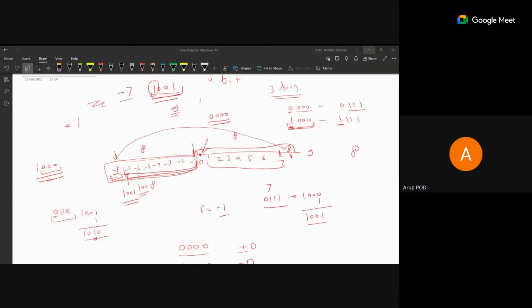Because if you go for a 2's complement, the most significant bit is 1 and the rest of the bits are 0. That's not a 0 actually, right? In a 2's complement, once you find the sign bit is 1, you know it's a negative number. So what will be the actual value? We have to take another 2's complement of it, so that basically becomes 256.